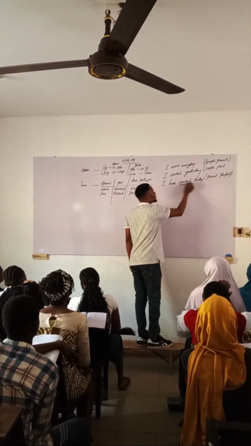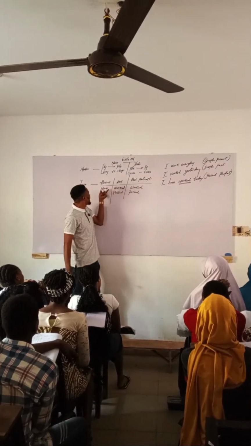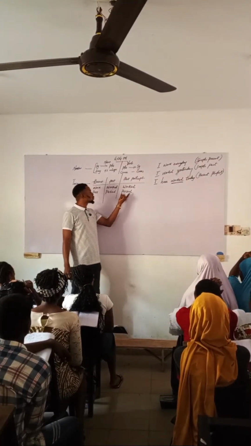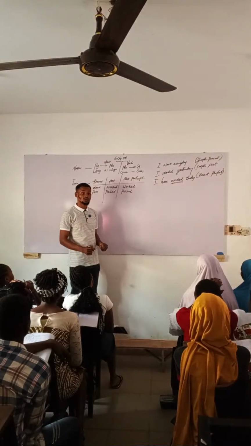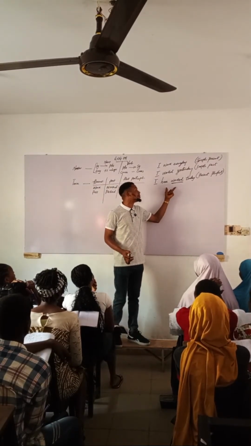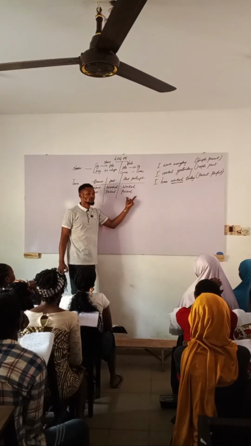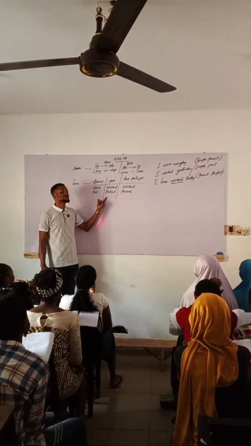So this form is not the past form that we have in the second phase here, but what we have in the third phase, which is the past participle. In case you are dealing with verbs that do not have the same form of past and past participle, you are going to use the past participle form and not just the past form.